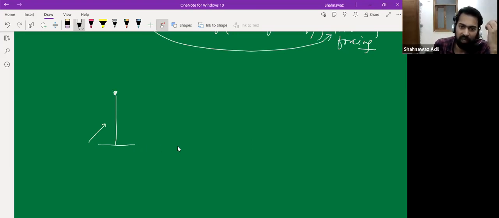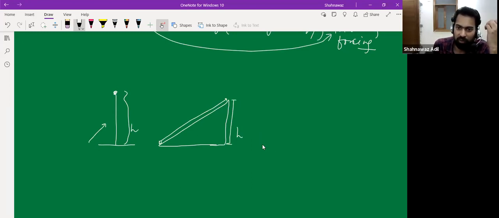And let's say you have another path of the same height. So this is some height, and then you take this mass up to this point, right? But in this path, you follow this path, but the same height. And let's say again you follow a stairs type of path, right?